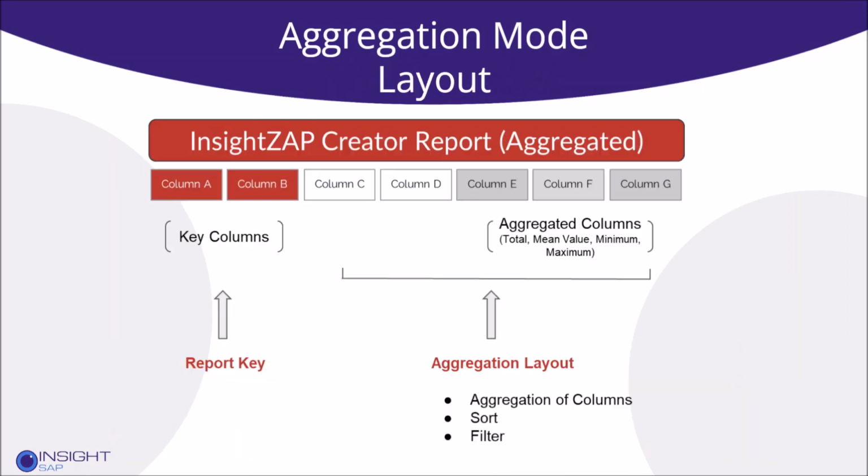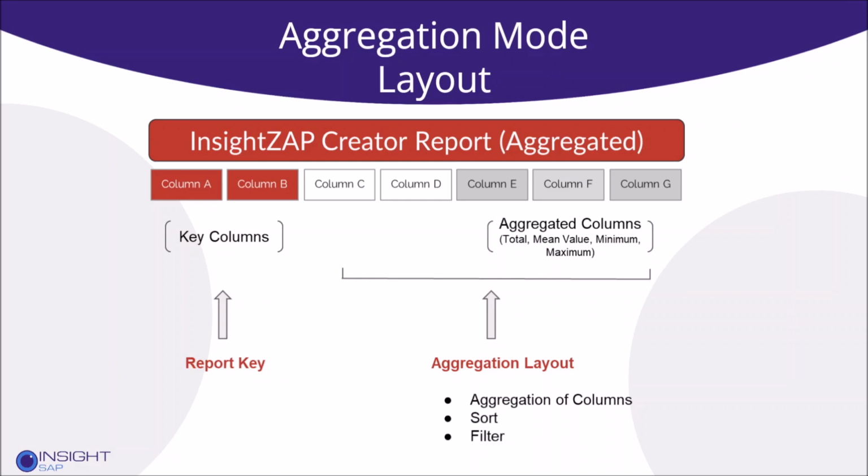Now the question is, what about the other columns in the layout? You can either leave them as they were, you can remove them, or you can use an aggregated value.